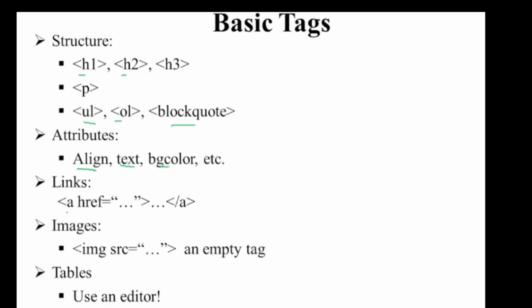The other, link, the anchor with href. This is the close. This is how you can use it. The other, image has a source, and you have to put the value here. The other one, table. You can use all these basic tags in your web development.